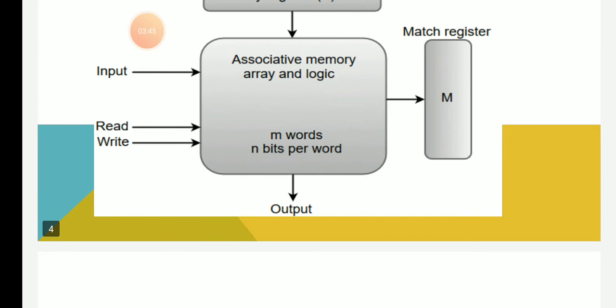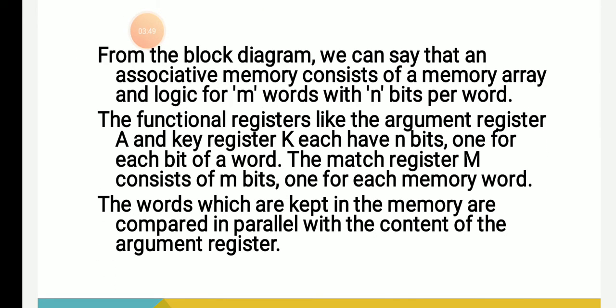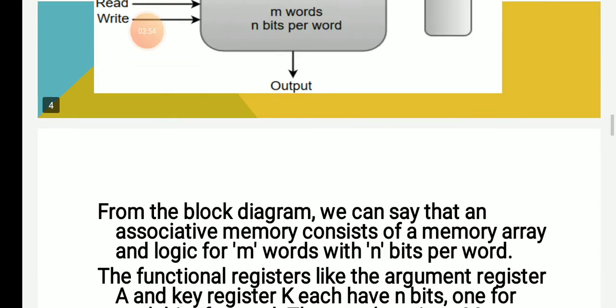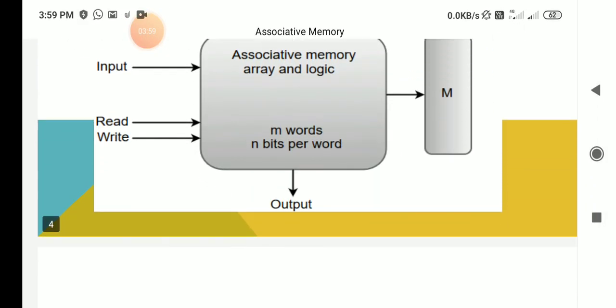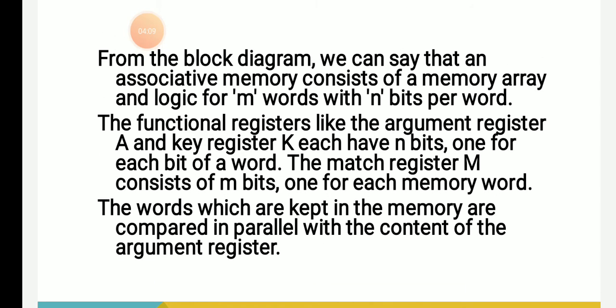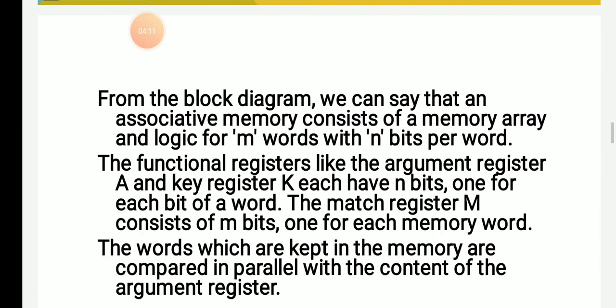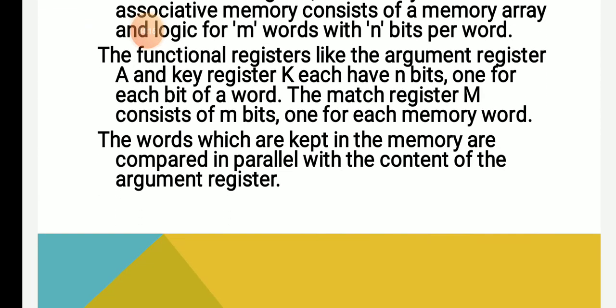The functional registers, the argument register A and key register K, each have n bits, one for each bit of the word. The match register M consists of m bits, one for each memory word.